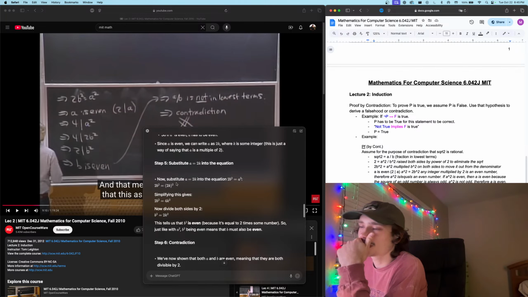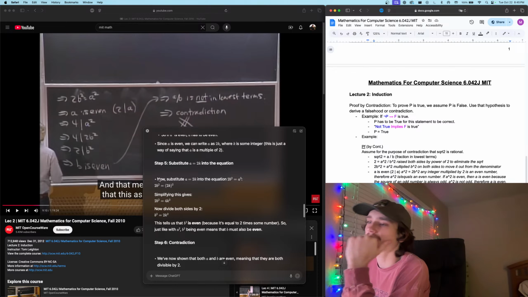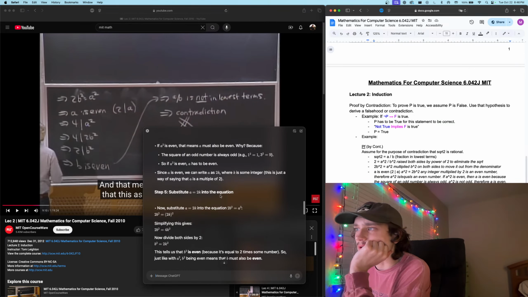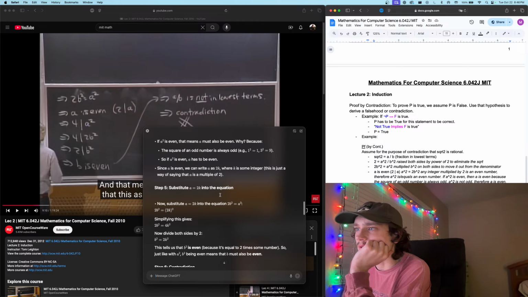Oh no, it's squaring the entire thing. I was right, yeah, it's squaring the entire thing. So 4k squared. b squared equals 2k squared, so b squared is even. Okay. Let's do it a different way.